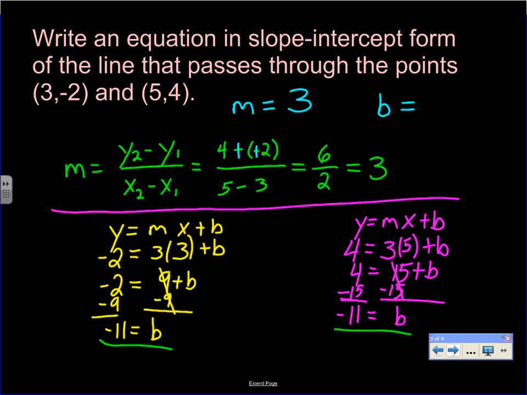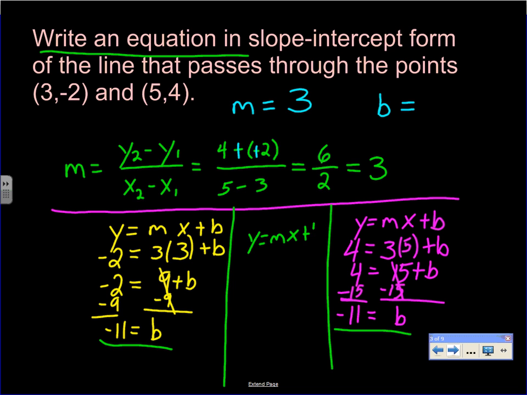So we're supposed to be writing an equation. So let's write the equation here. Y equals mx plus b is slope-intercept form. So plug in for the slope, which is 3. And what is b? Well, we found b here, and we found b here.